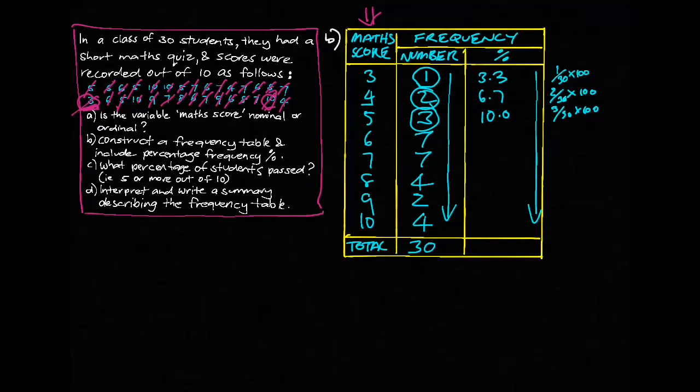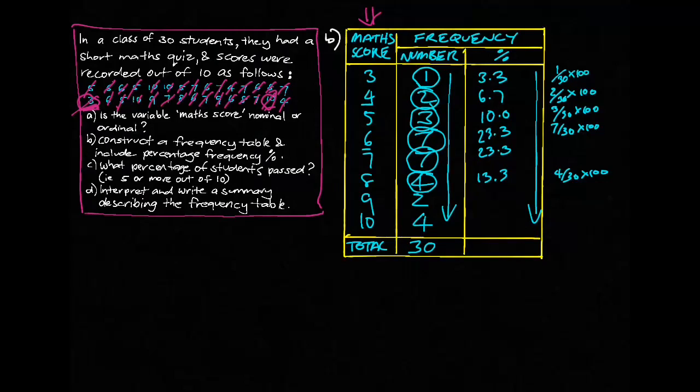Okay, now maths score 6, 7 people, 7 out of 30 times 100 to turn it into a percentage gives 23.3. And if you have a look at maths score 7, 7 people got that as well, so that's exactly the same calculation, same answer. Maths score 8, 4 people got it, so 4 out of 30 times 100, and that is 13.3.